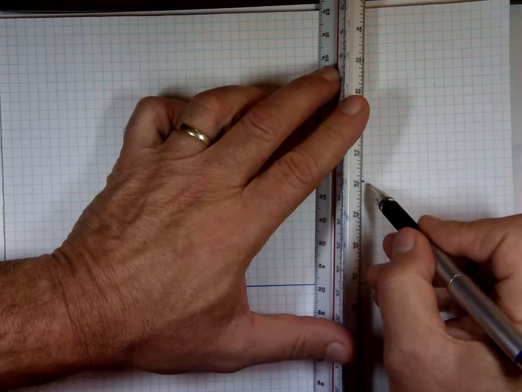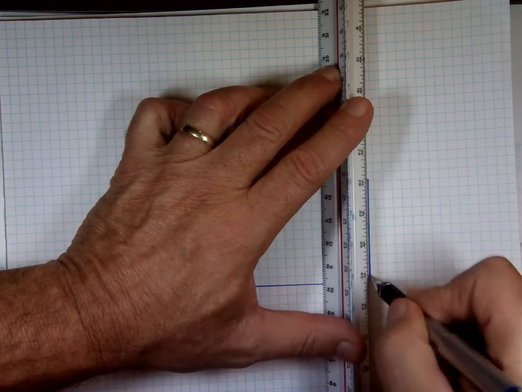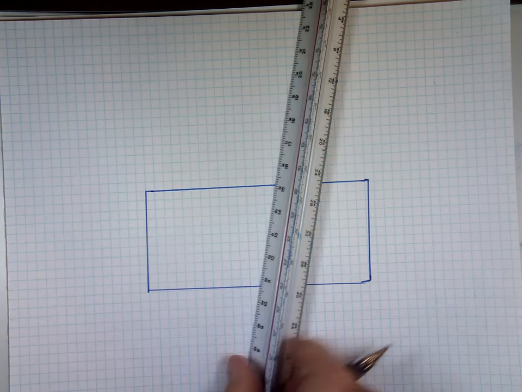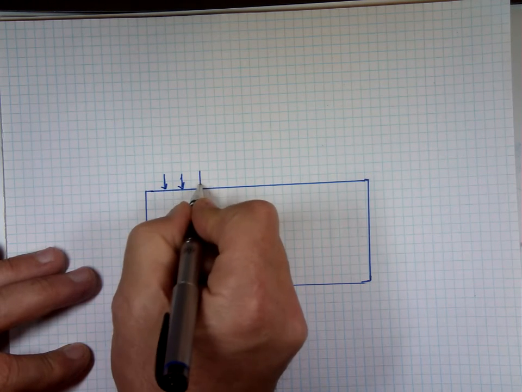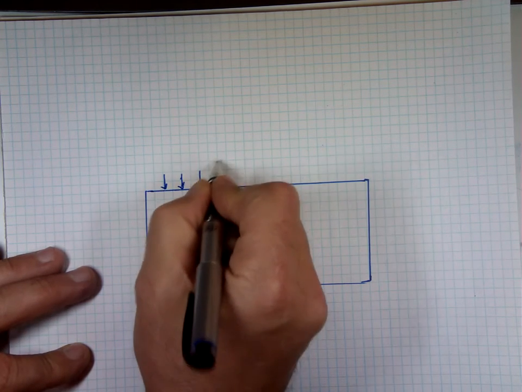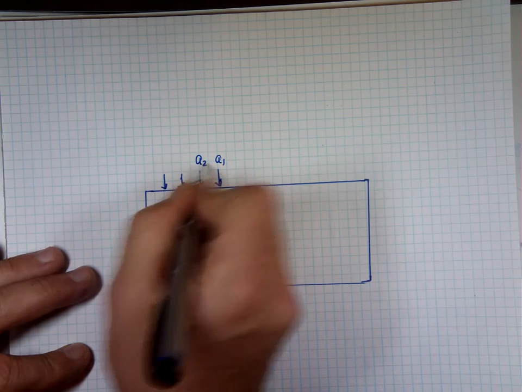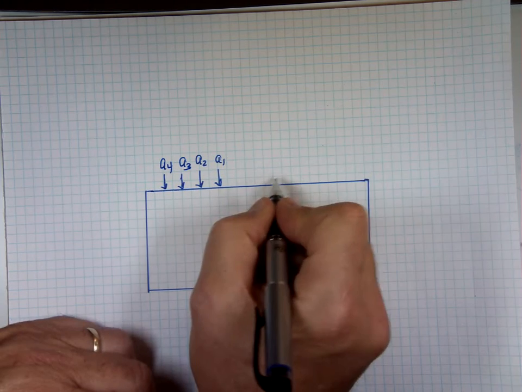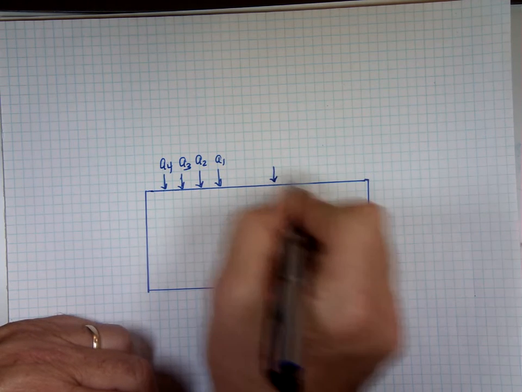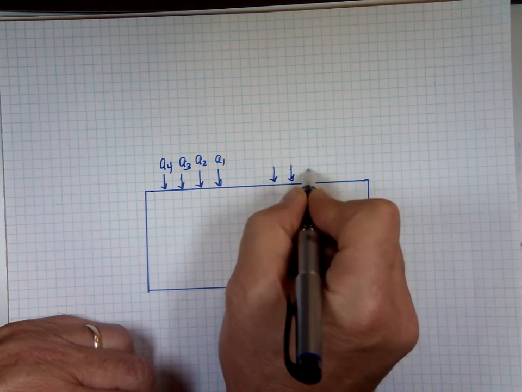That's my 4-bit adder. Let's say I want to add A and B, or I want to do A minus B. So this is the A's: A1, A2, A3, A4. These are the B's, B1, B2.